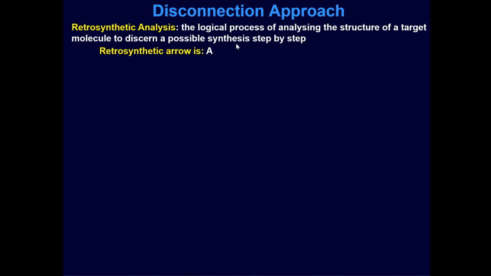In retrosynthetic analysis, we use an arrow mark, A double-lined arrow B, which indicates that B is the precursor for A, meaning A can be prepared from B. In a synthetic route, we use a single-lined arrow, but here we use a double-lined arrow in retrosynthetic analysis.